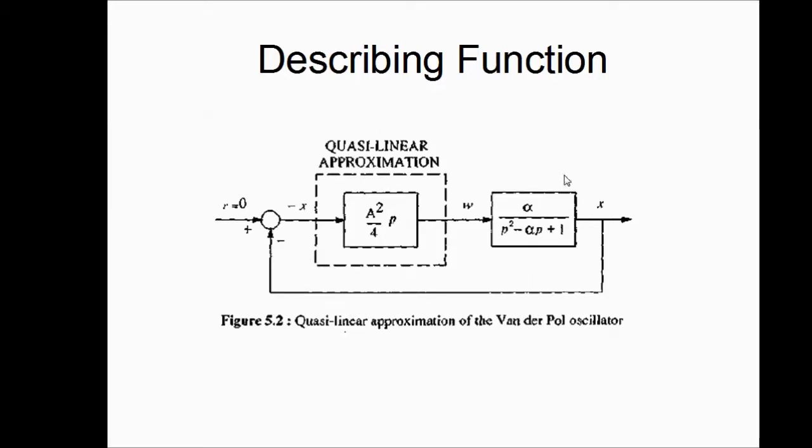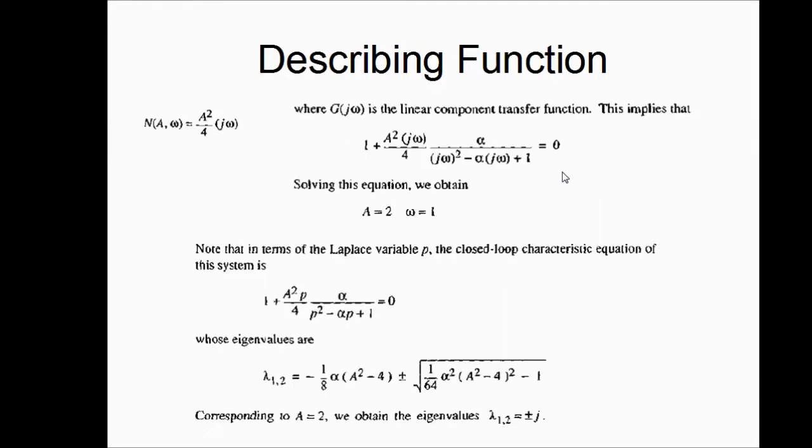Now we can write the characteristic equation of the system, because it's now comprising of linear subblocks after those assumptions, and we find that the equation has solution when a is 2 and omega is 1. So that is, the amplitude is 2 and omega equal to 1.